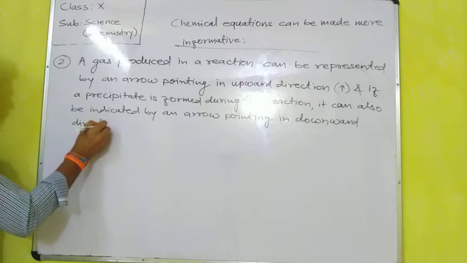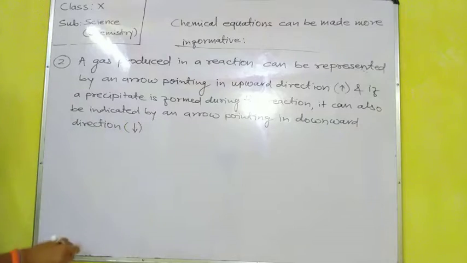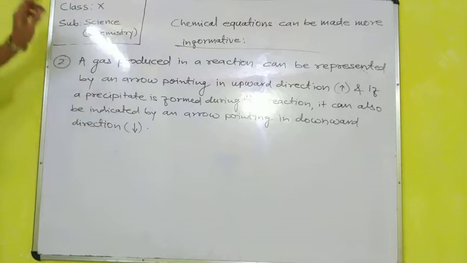Suppose a precipitate is formed, so we have to put such a downward direction arrow. So it will indicate that the given substance is forming in the form of a precipitate.